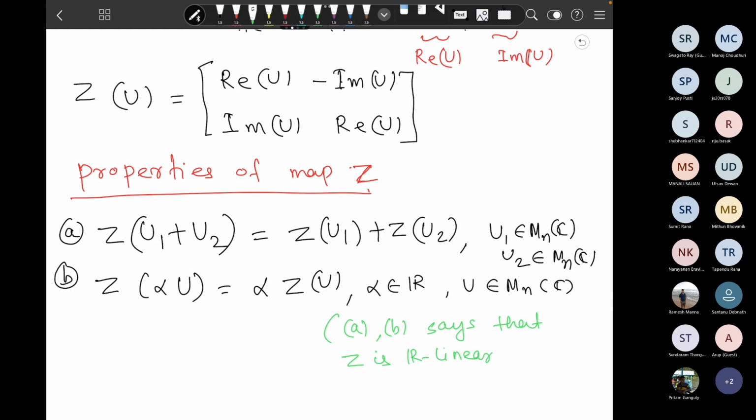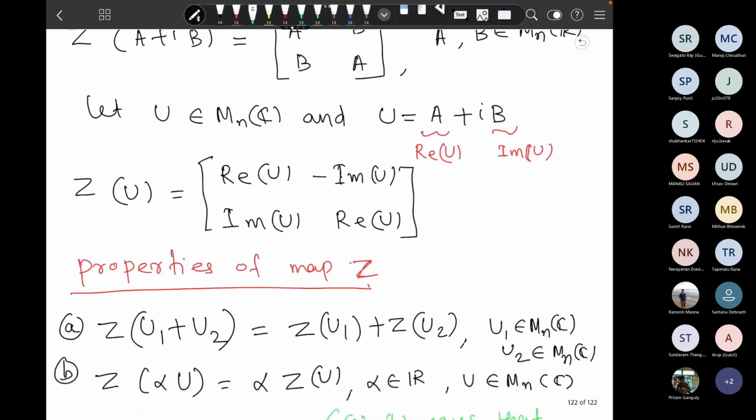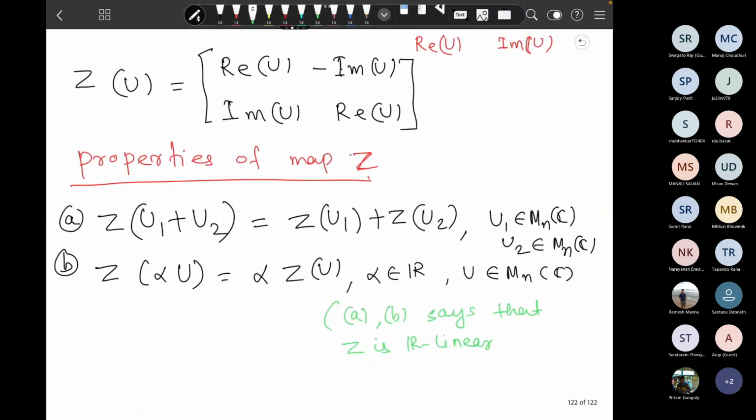Z is R linear between two vector spaces, MnC and M2n(R), and these are finite dimensional vector spaces, and therefore it is continuous, and thus Z is continuous. This is clear.